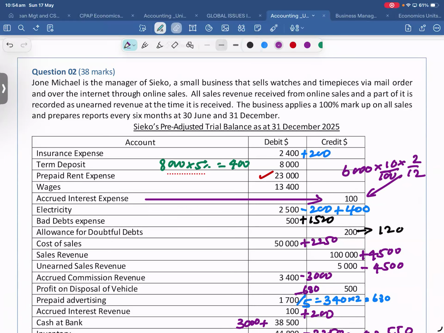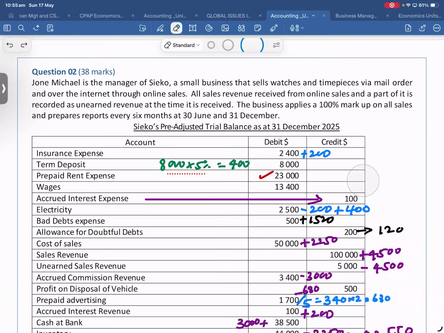For that 100, we are going to add how much? This 300 is. We'll add that 300 here. Plus 300. And then we don't have an interest expense, so we'll update it. December 31st.